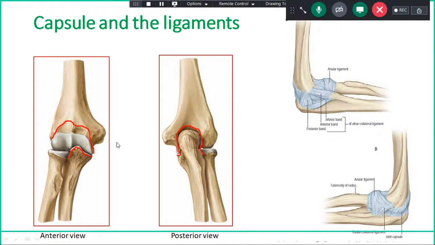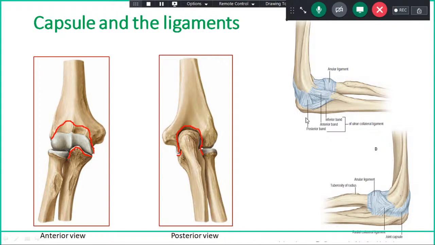It is not that visible over here; you can only make out the anterior and posterior bands. So the ulnar collateral ligament, on the ulnar or medial side, is triangular in shape, having an anterior and posterior band connected with an inferior band.